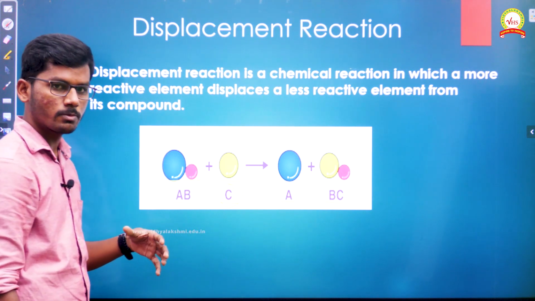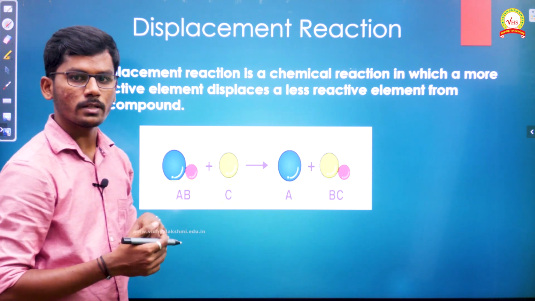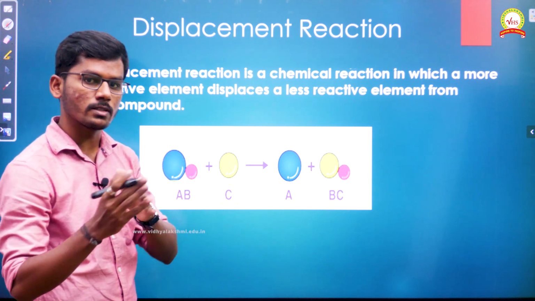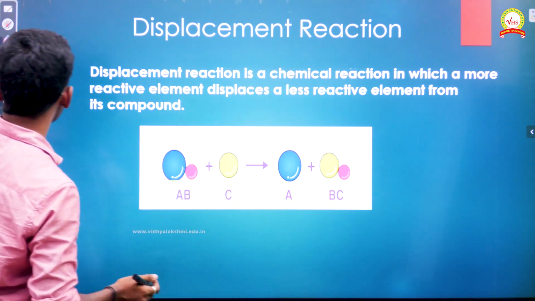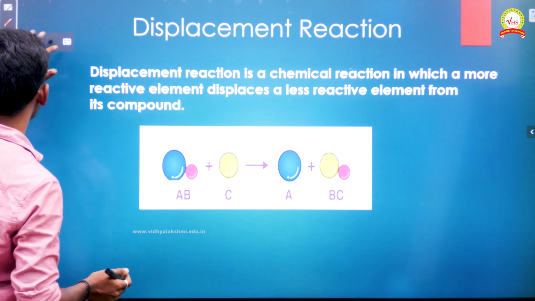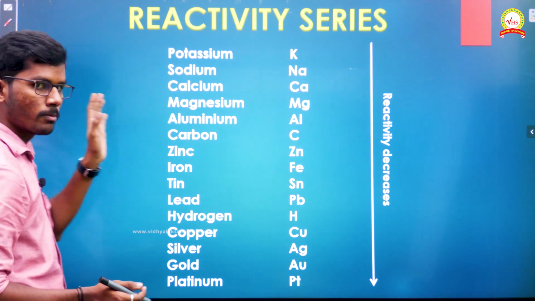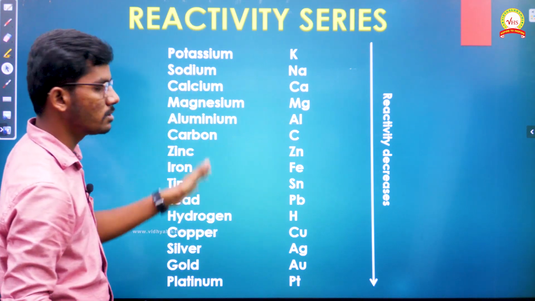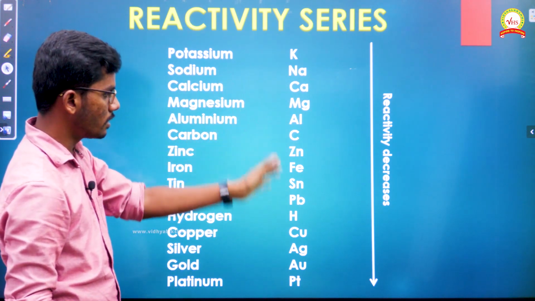Before getting into the displacement reaction, we have to be thorough with the reactivity series. Only then we can find which metal will displace the other metal. You have to be thorough with that. So this is a reactivity series. It is arranged in decreasing order.